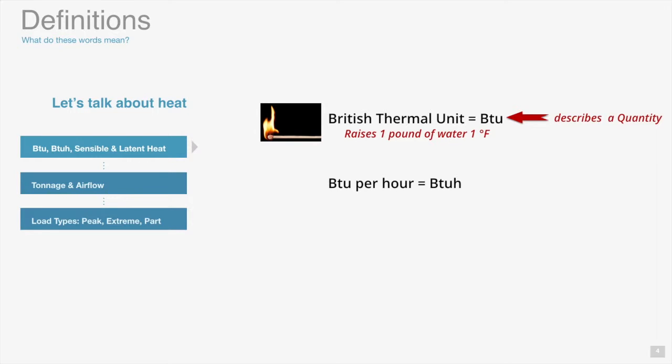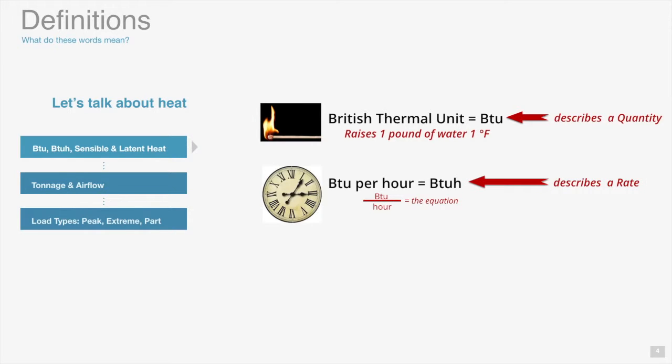So a BTU's quantity per hour equals BTUH. Normally, you would think that you would see it BTU over hour, but somewhere along the line, somebody got lazy and decided to write it all on one line. So BTUH, BTUs per hour. Don't get confused by it. It's fairly straightforward. And that describes a rate because it's per hour.